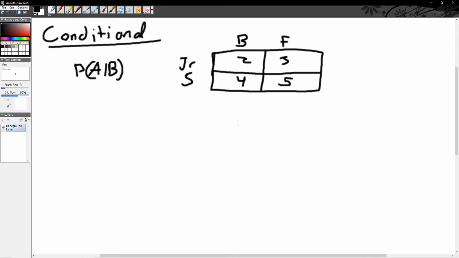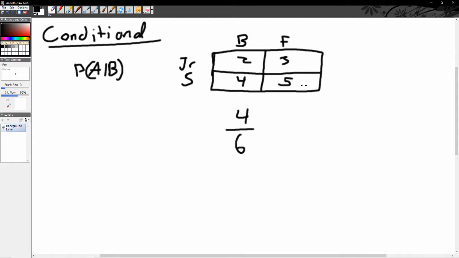Now, of the number of people who play baseball in total, there are 6. The amount of them who are seniors is 4. Therefore, the probability that you are a senior given that you play baseball is 4 out of 6. And that's what that means.